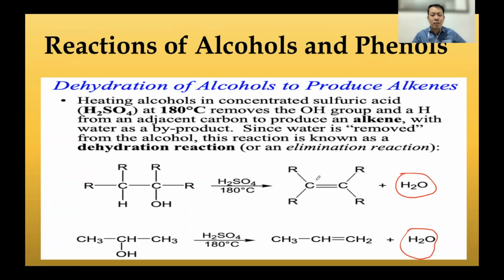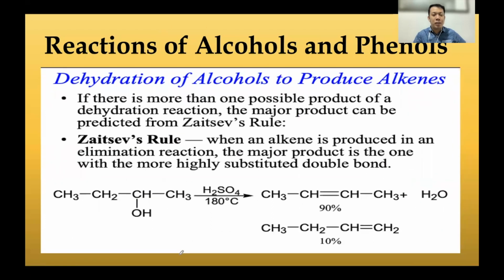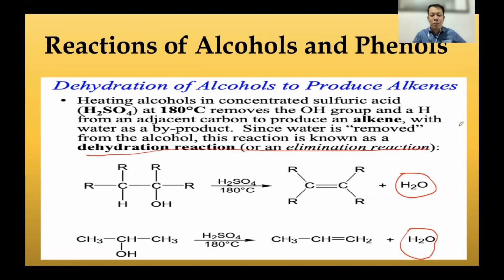That is a dehydration reaction because you have taken a certain amount of water from the structure. Same thing with the second example. Another one is dehydration of alcohols to produce alkene.